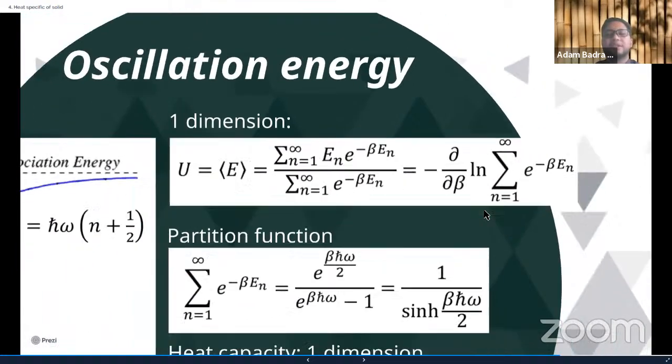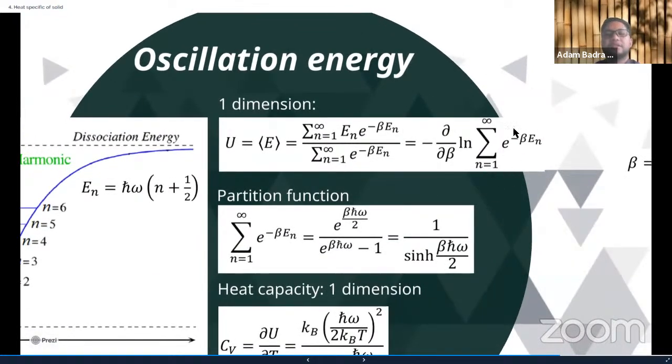The term inside the sigma, the term below, is called the partition function. You can calculate it by inputting all possible n, starting from 0, and show that it is proportional to exponential minus beta h bar omega over 2, divided by one minus exponential minus beta h bar omega.